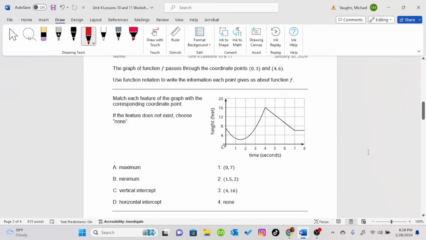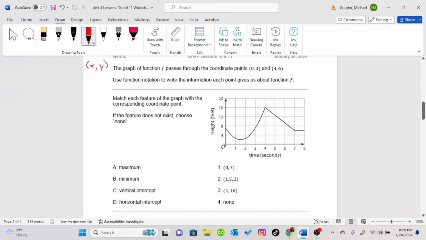The graph of function f passes through the coordinate points 0, 3, and 4, 6. Use function notation to write the information each point gives us about the function. Remember that in a coordinate pair, the first number is x and the second number is y.